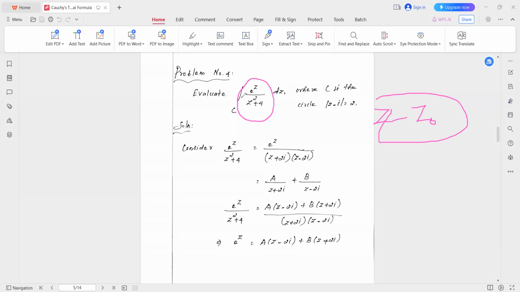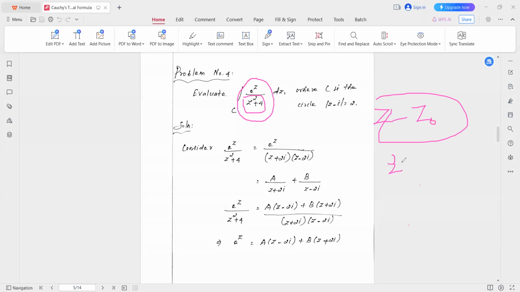So we consider this function e power z by z square plus 4, and we do the partial fraction and split it into two linear fractions. How can we rewrite this?